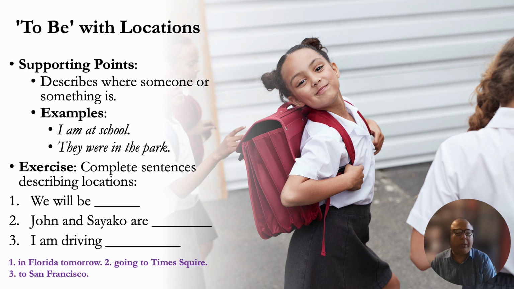See? So we will be in Florida tomorrow. The to be verb is in the future tense, will. John and Sayako are going to Times Square in New York. And I am driving to San Francisco. Right? So this is a good exercise.